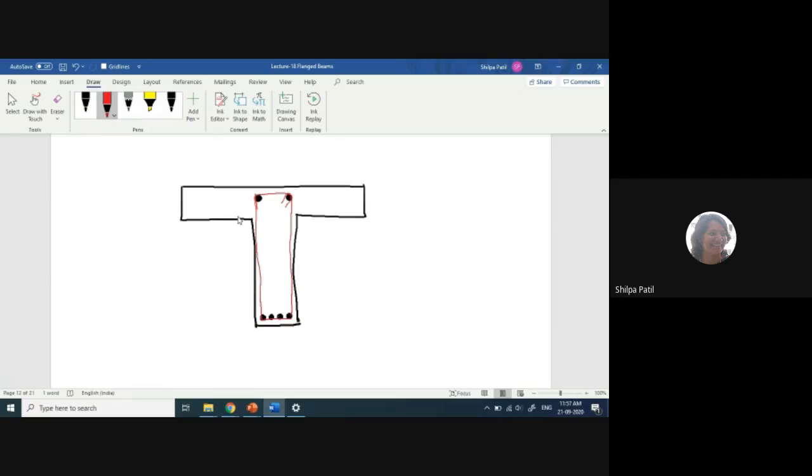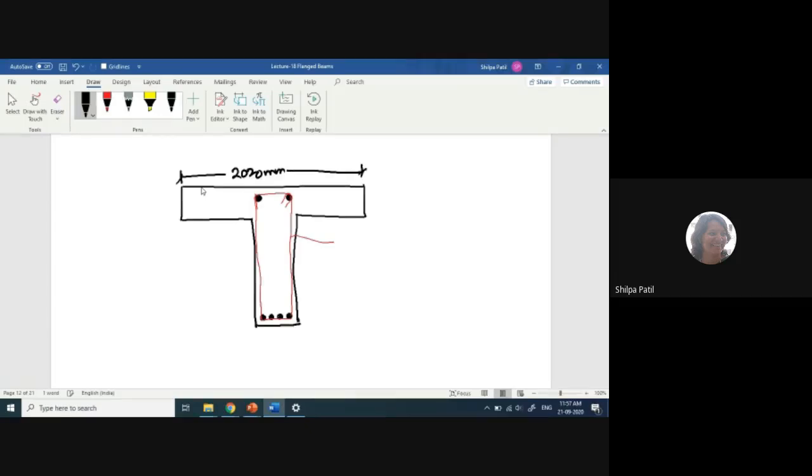So you have to give the dimensions or details of the stirrups, whatever is the design for the shear that you have to write down here. Then other details you have to show here. BF we have adopted as 2020 mm, so that I have written.